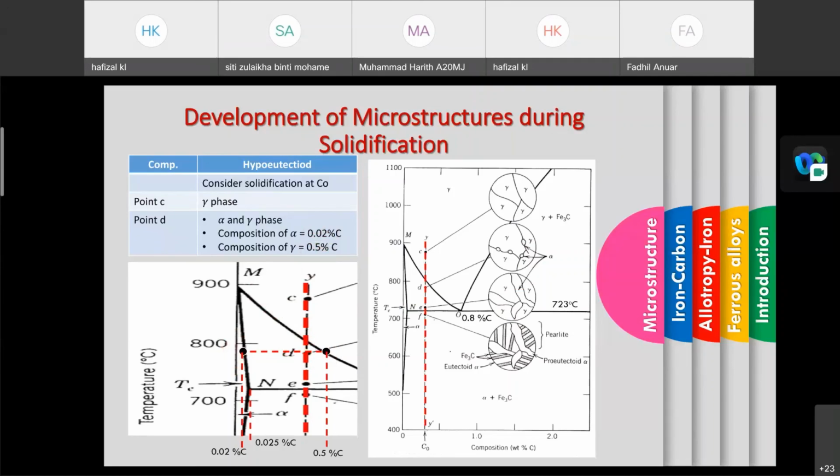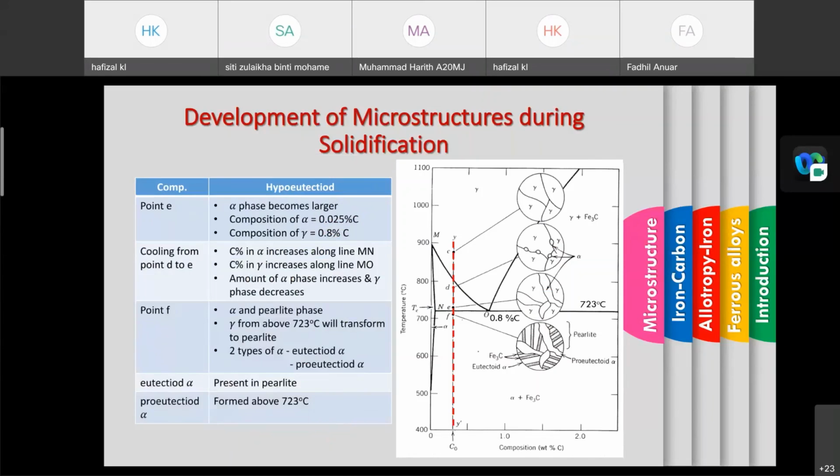Along the way, at point E and point F, we can see at point E we have the bigger area of the alpha, and then they merge with each other and become something like this, and we can see point E is a little bit higher than the temperature of 723 degrees Celsius.